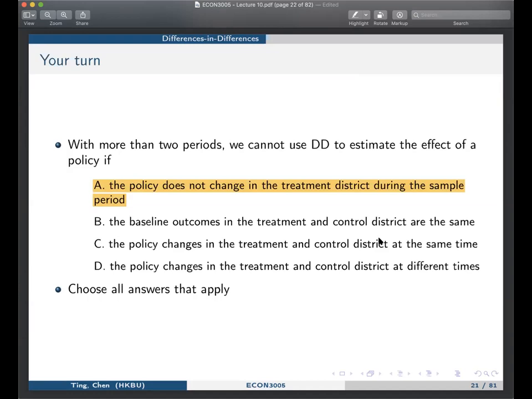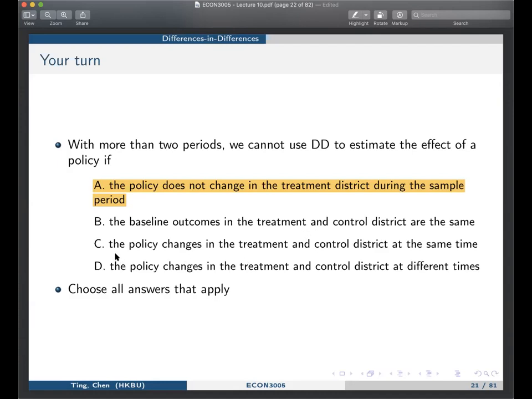That's okay, right? No matter whether the means of the treatment group and control group are the same pre-treatment or post-treatment, that will be fine. That's one type of outcome. If there's a post period that actually indicates that the policy has no effect, that's okay. We can still use DD.